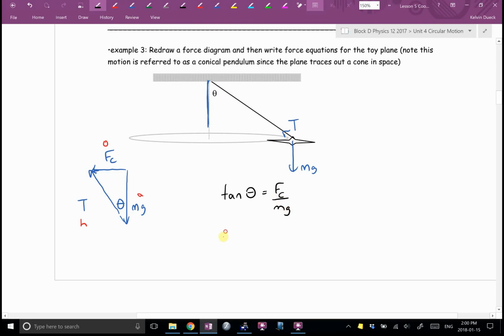What about cosine of theta? mg over T. And what about sine of theta? Fc over T. Which one do I use? It depends on what they want, what they give me. Almost always, not always, but almost always, it'll be tangent, because usually you'll know the mass and g, and usually you're wanting to find something about the moving in a circle. But you could also find tension this way.